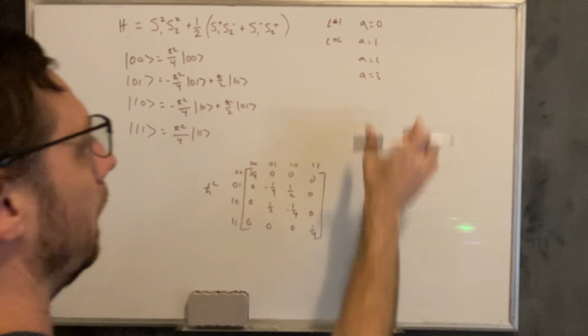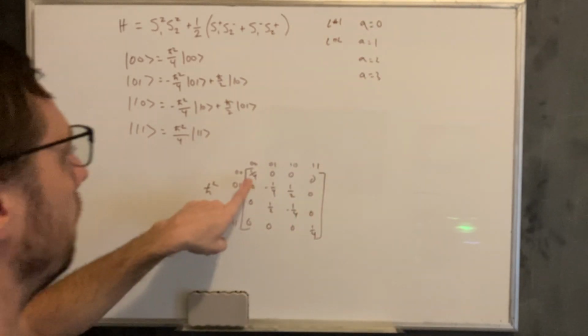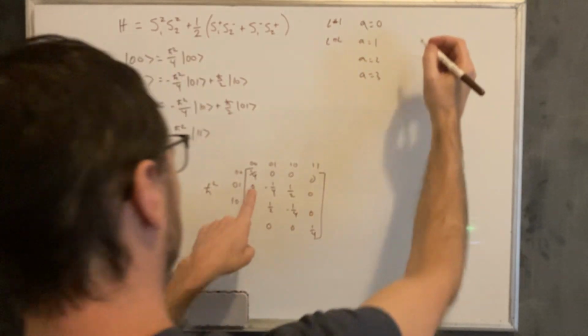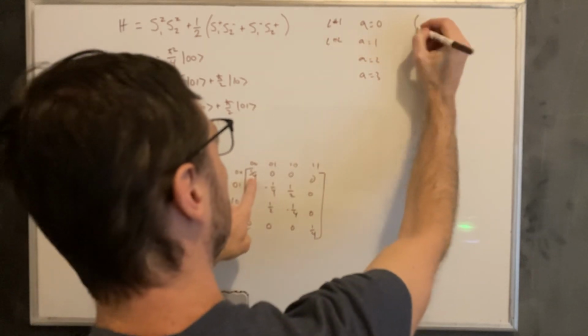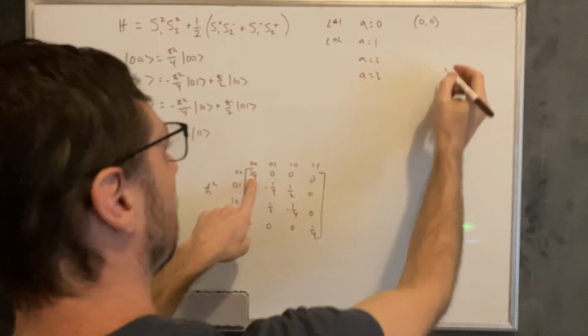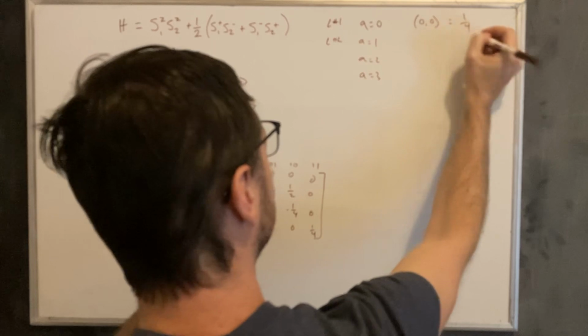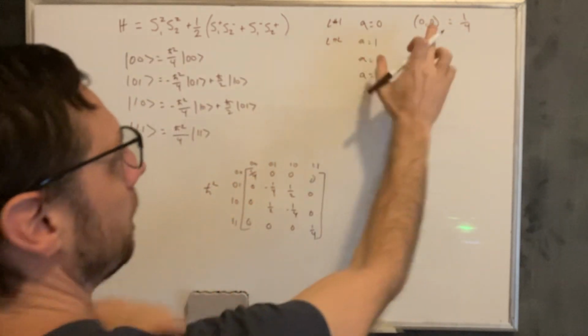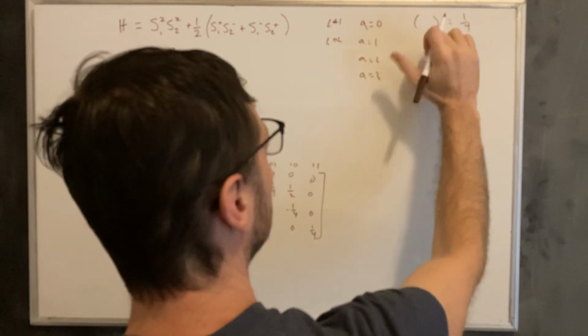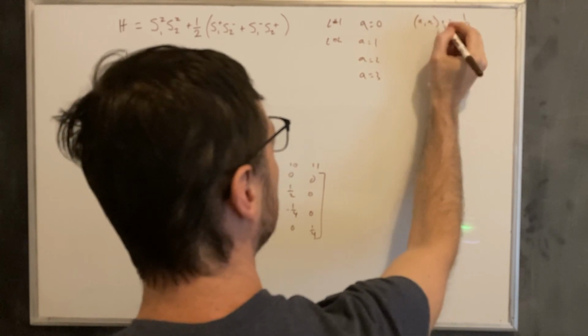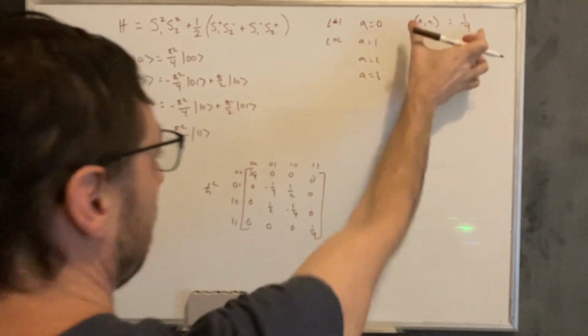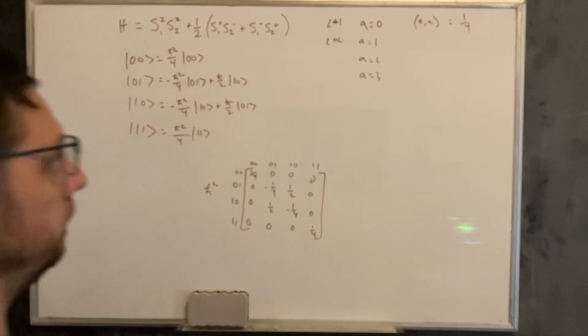So our first iteration of the loop, we know that we want the point 0, 0, we can call it, to be equal to 1/4. Or we can call this AA. So AA, in this case, is going to be 1/4, first iteration of the loop.